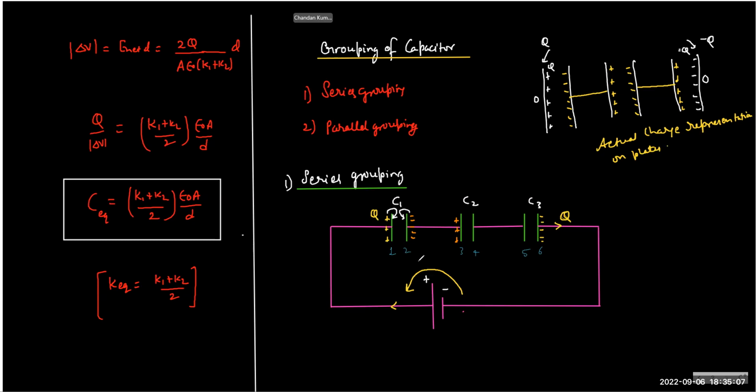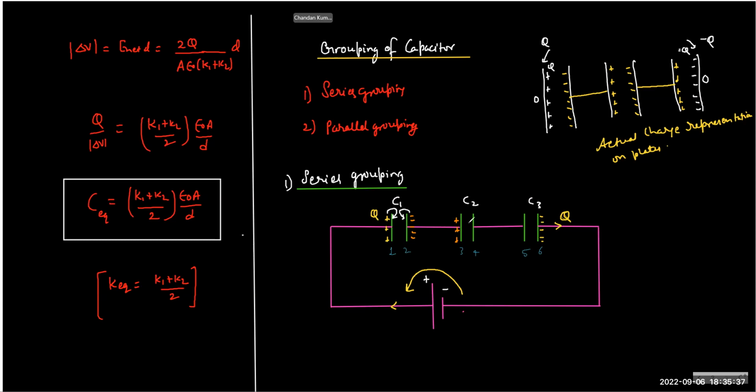But in a circuit, we represent it like this because it is a matter of convenience. So as a thumb rule, whenever a cell or a battery supplies charge, that charge can only appear on the facing plate. It will never be part of the outer side of the parallel plate. Is this clear what I'm saying?